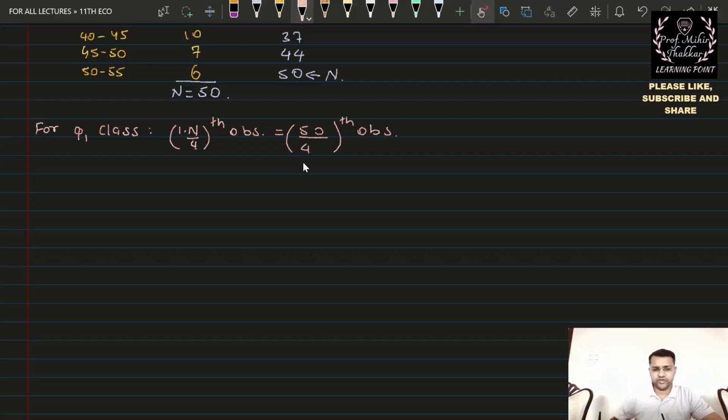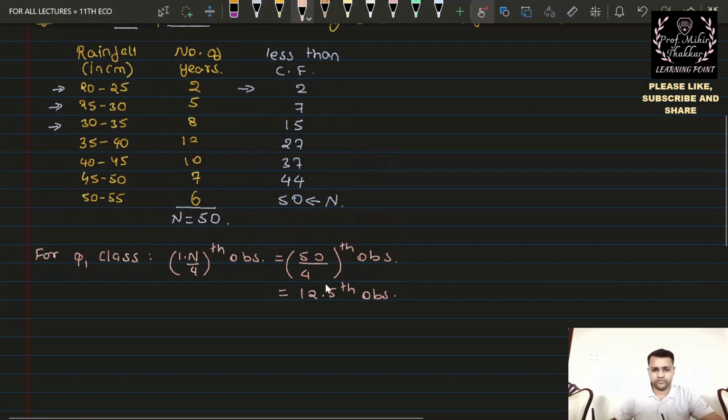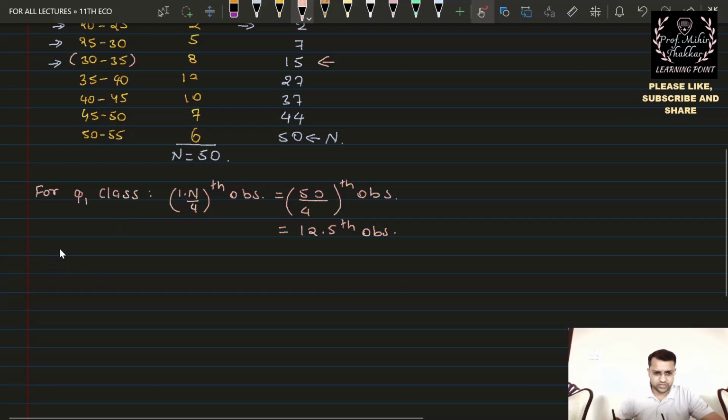So when we divide 50 by 4, you will get this as the 12.5th observation. So what you have to do is you have to search for the cumulative frequency just greater than 12.5. I can see it is 15. Therefore, the corresponding class 30 to 35 is to be taken as the Q1 class.